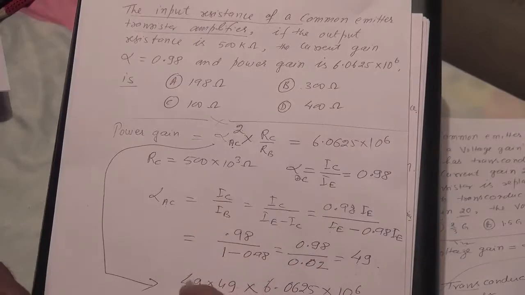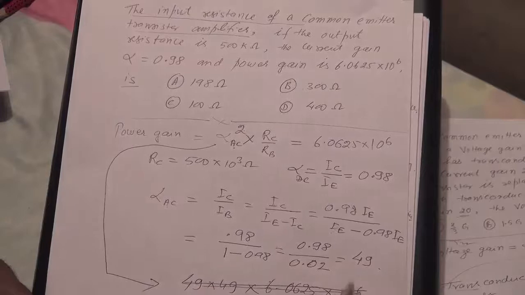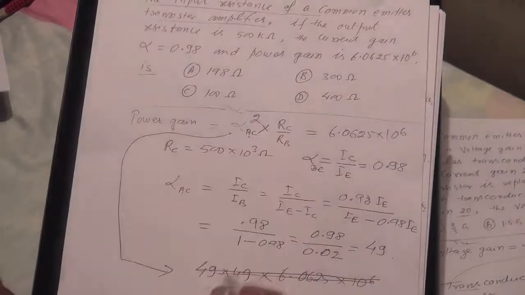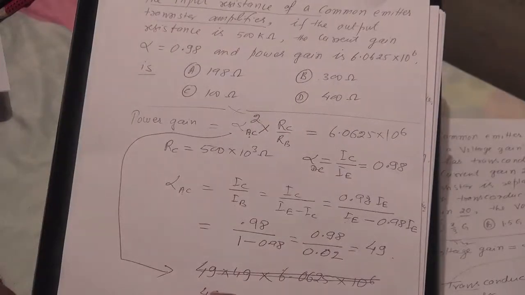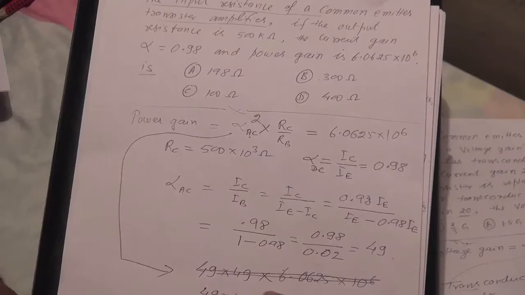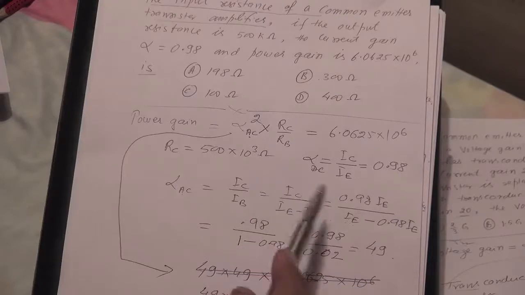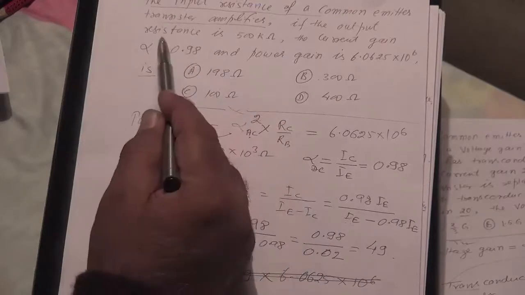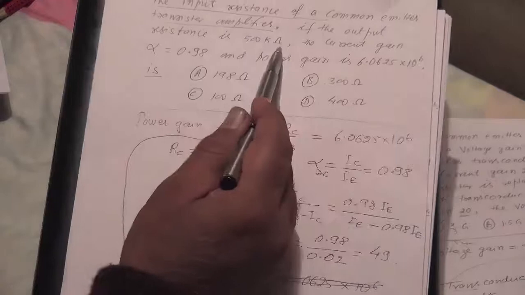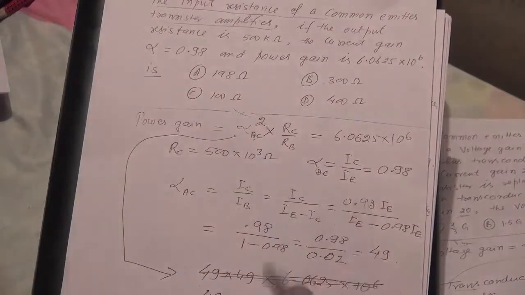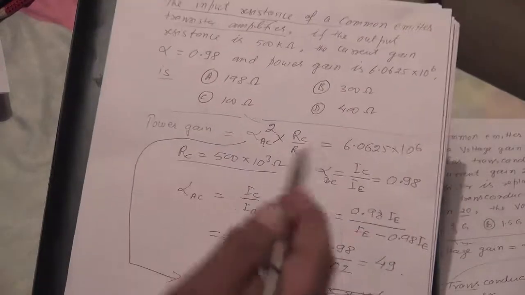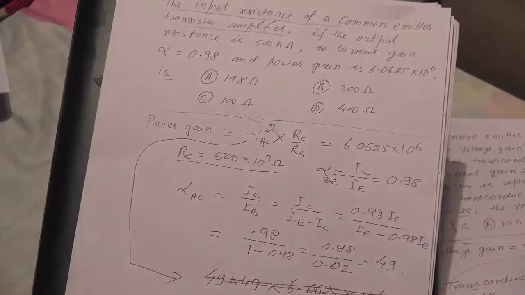Oh, something is wrong. No, I should write it again. Okay. 49 into RC. Output resistance is 500 kilo ohm. So I will write here this RC, 500 kilo ohm.